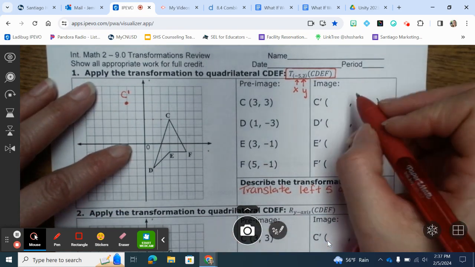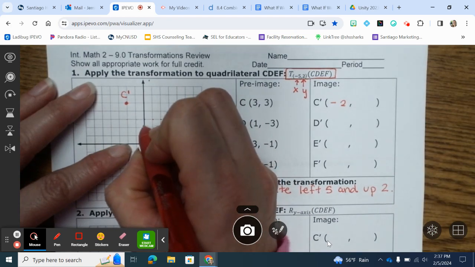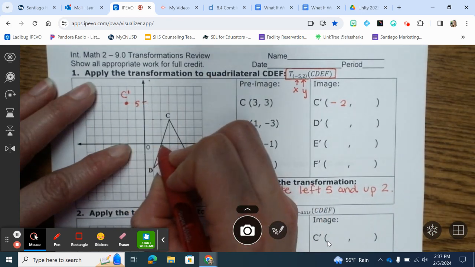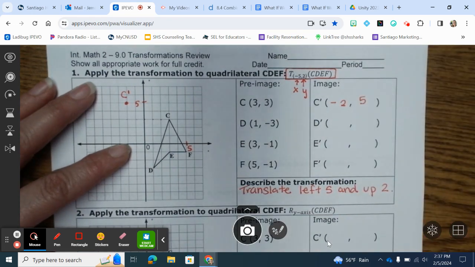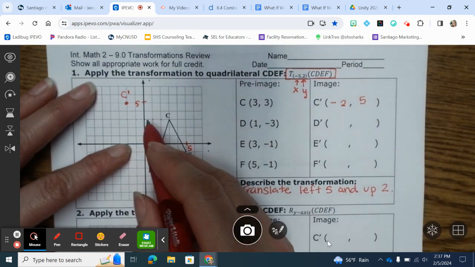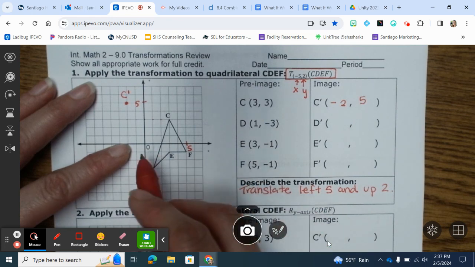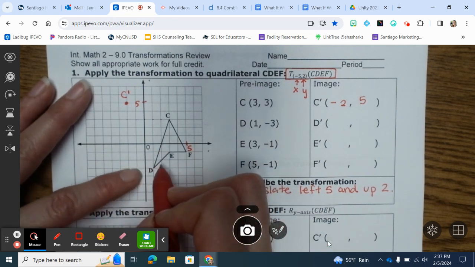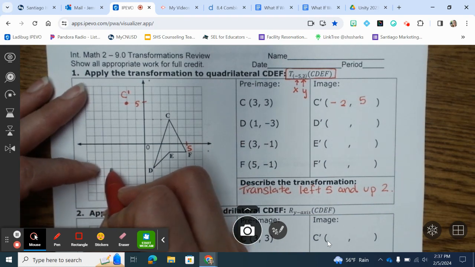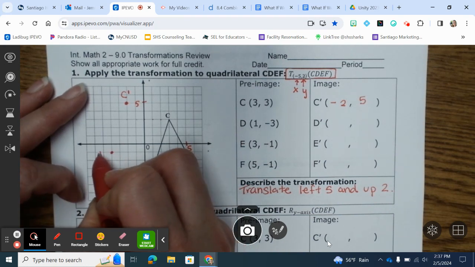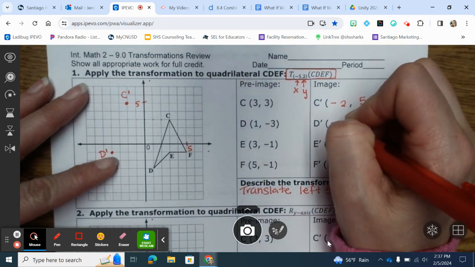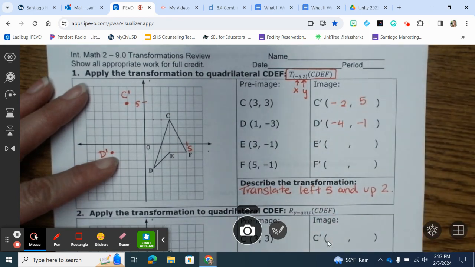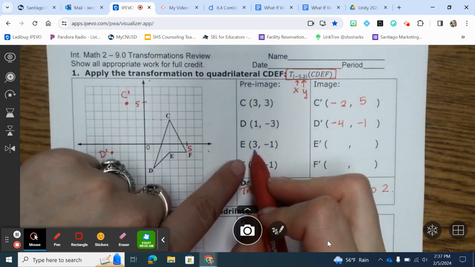What is that new coordinate? It's -2, let's see, 1, 2, 3, 4. These don't have a scale written on there, but I recommend doing it. So my new coordinate is going to be -2, 5. When I move D left 5, 1, 2, 3, 4, 5, up 2, D prime. That coordinate looks like -4, -1. Now, I could also use the coordinate here.